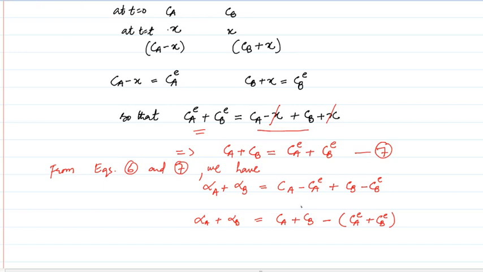So this whole term minus this will be simply equal to 0. So we can simply write then alpha A is basically equal to minus alpha B. Very important result here. Suppose this is now equation 8.